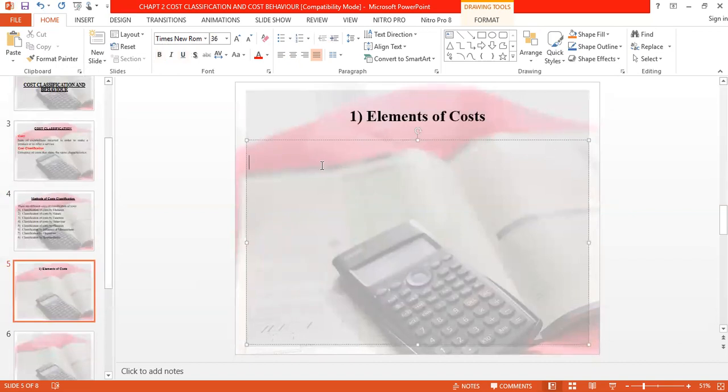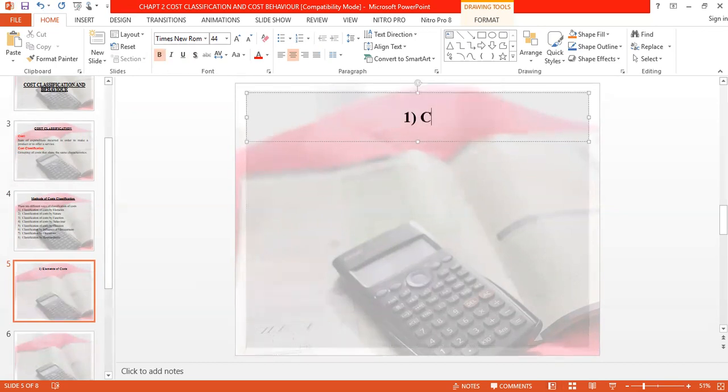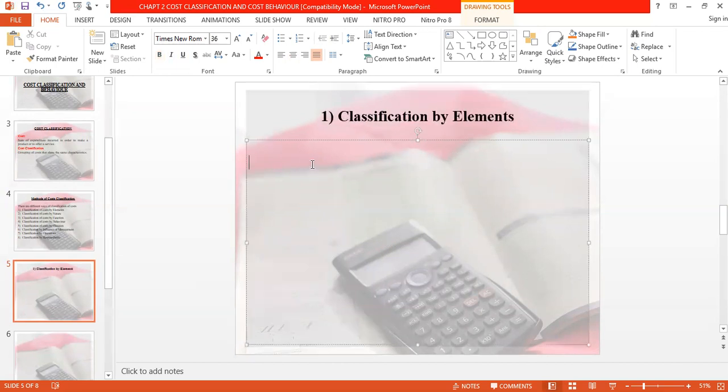So when we classify costs by elements, there are 3 elements of costs. Take note of that. In other words, when you classify costs by their elements, we will find that there are 3 elements of costs.